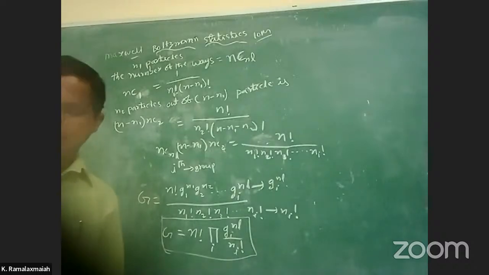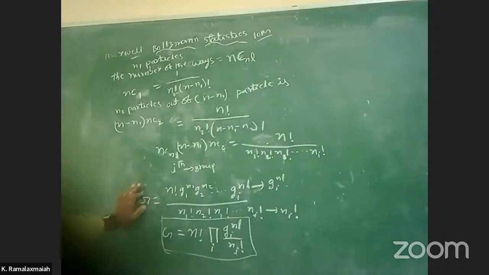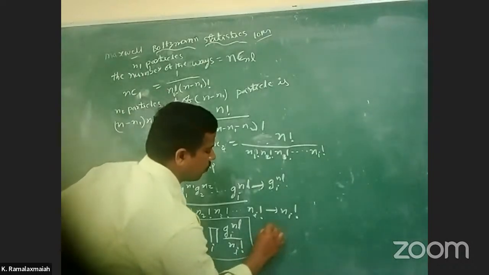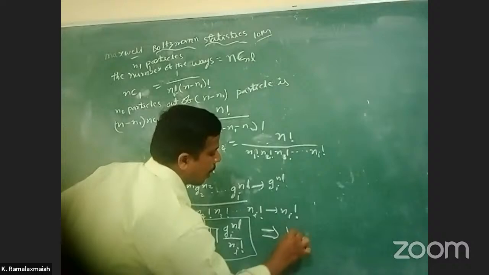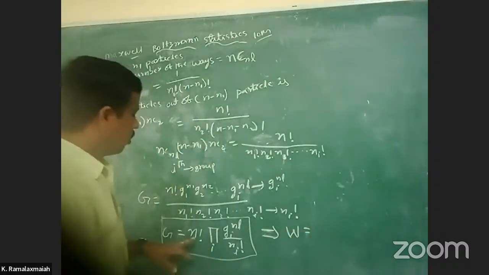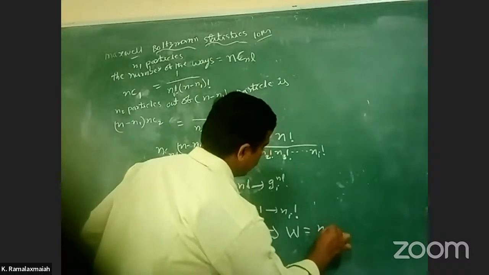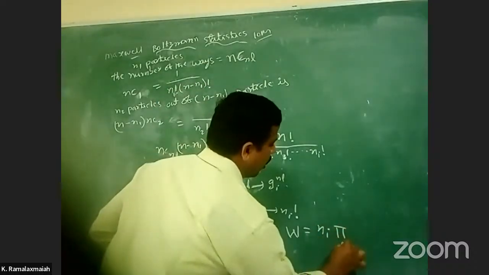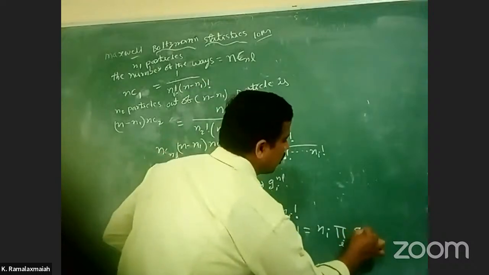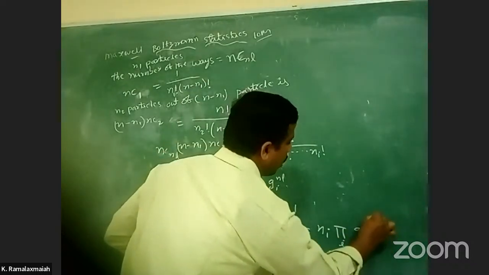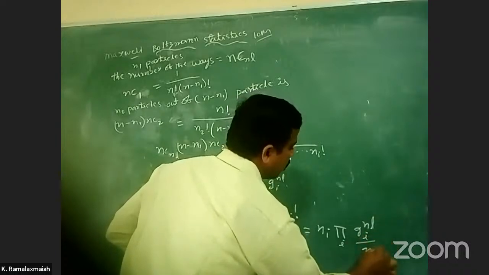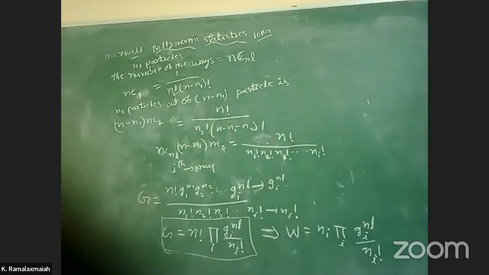Now the probability of a given state. W is equal to n factorial, capital pi i, gi to the ni by ni factorial.